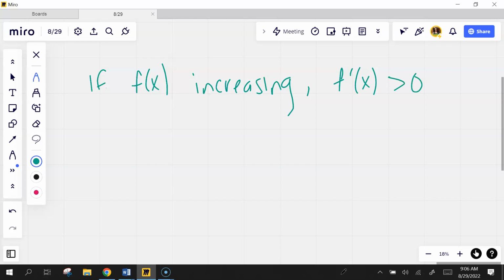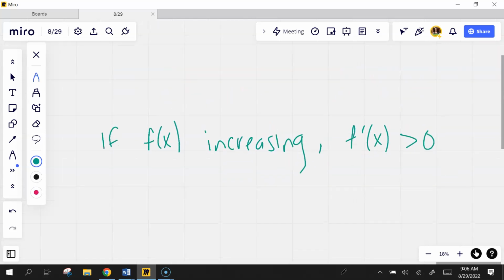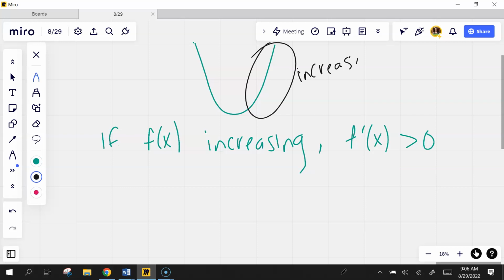Does that make sense? If I am talking about a parabola, no matter which way it's opening, I'm increasing on this side, agree? That means on this side, my derivative will be positive because all the slopes of all the tangent lines will be positive there. Does that make sense?